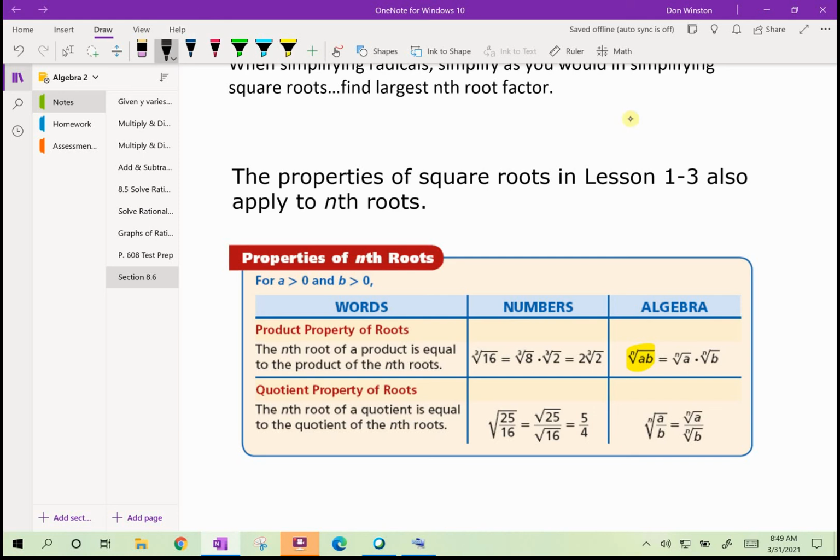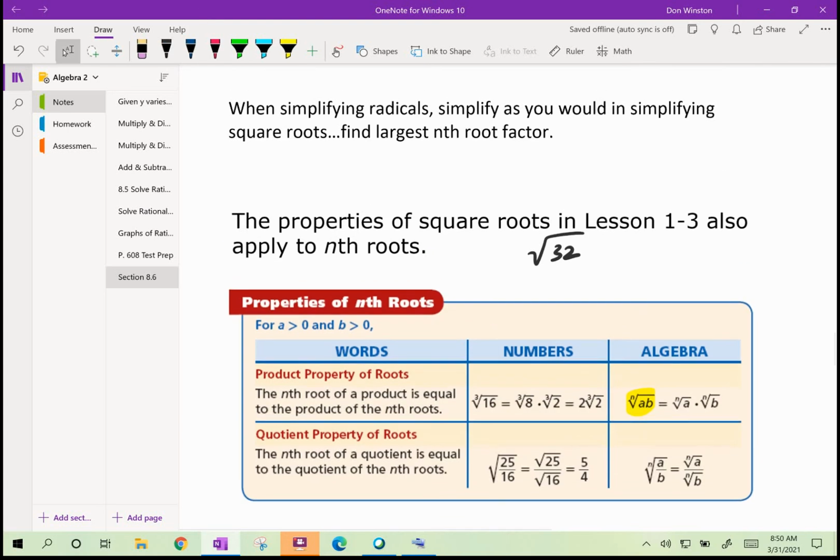If you recall, when we simplify radicals, for example radical 32, you want to find the largest nth root factor. Here, I want the largest factor of 32 that's a perfect square. That's 16, so I can write the square root of 16 times the square root of 2.